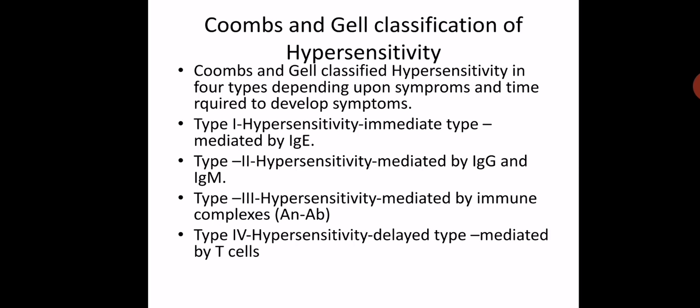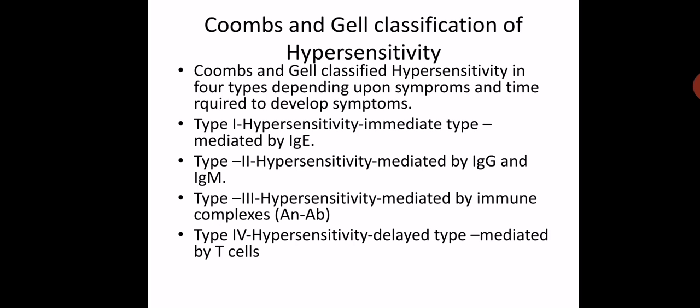So we know that before the transfusion of blood, from donor to recipient, we should properly match the blood group of donor and recipient. If the blood groups of donor and recipient are properly matched, then only we can transfuse the blood, otherwise not.